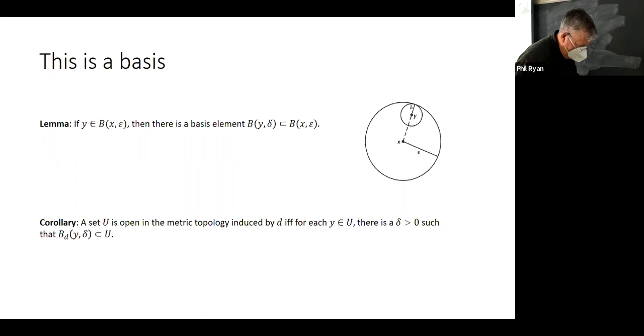This is where you have to use this. The distance between y and z is less than delta, but delta is epsilon minus the distance between x and y. And the distance between x and z, we want to show is less than epsilon for it to be there. What do we use? Well, not this lemma.